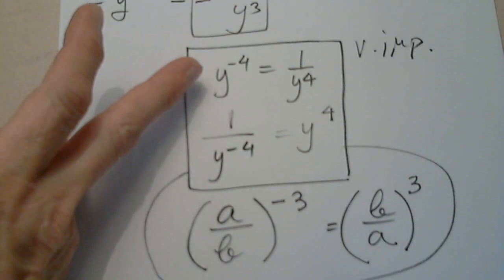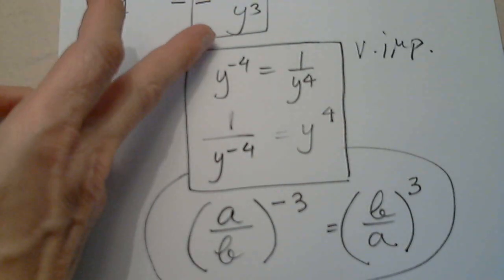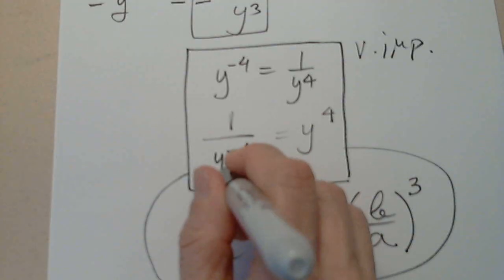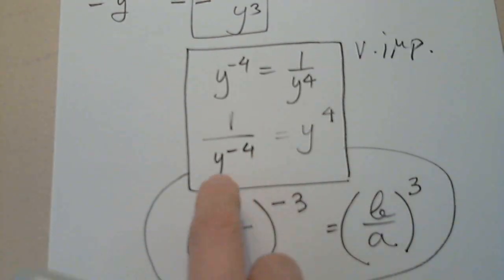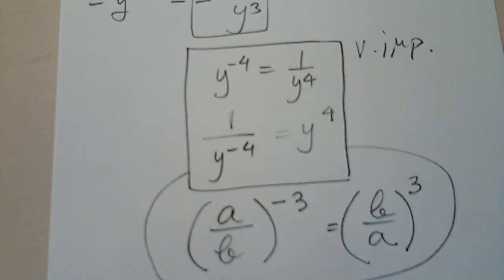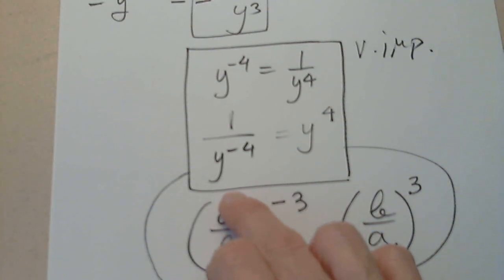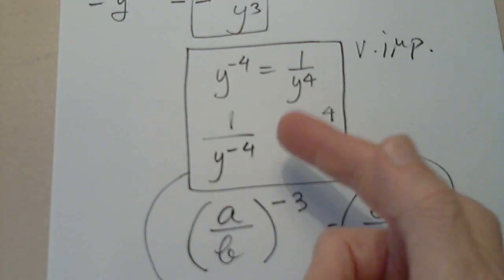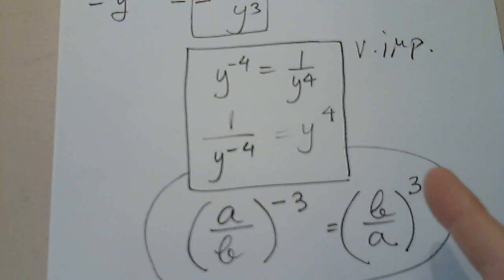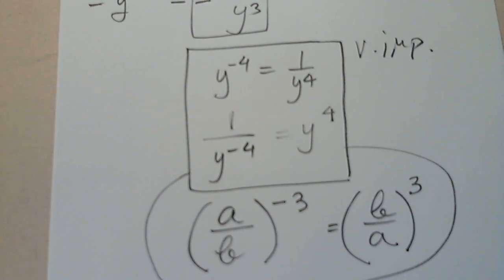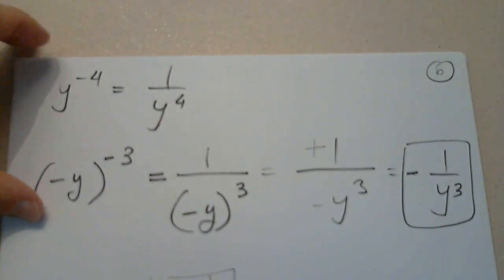So if a quantity has a negative exponent, it will go to the denominator with a positive exponent. If a quantity has a negative exponent and it is in the denominator, it will go to the numerator with a positive exponent. If a negative exponent is attached to a fraction, all I have to do is flip the fraction and copy the positive exponent. So let's practice this concept now.